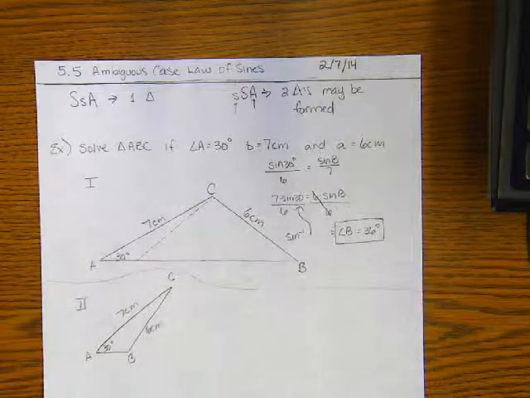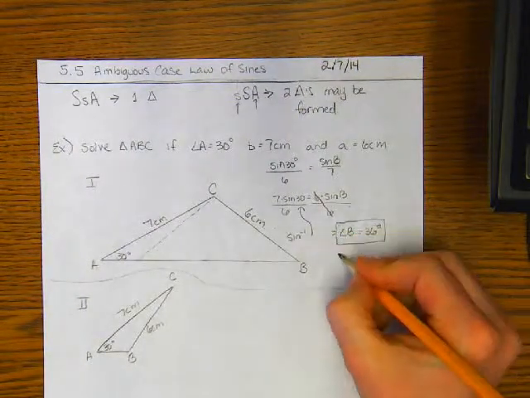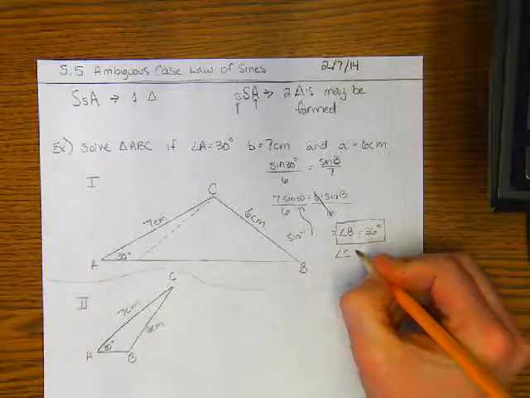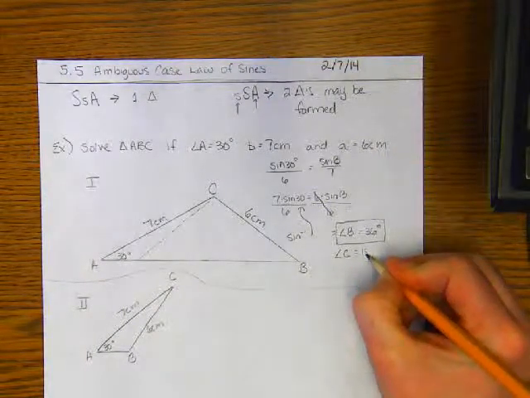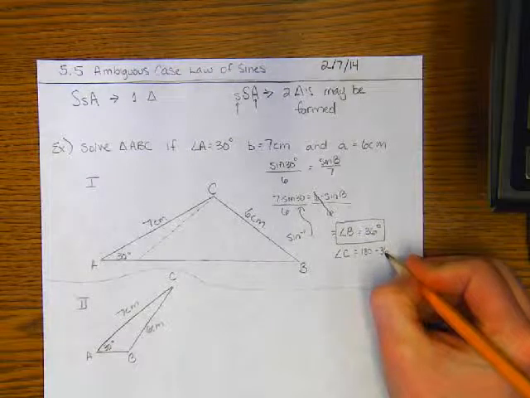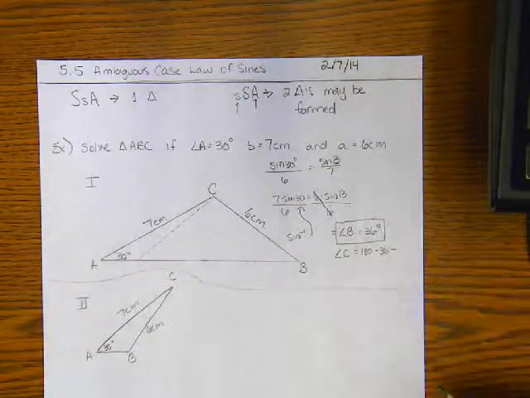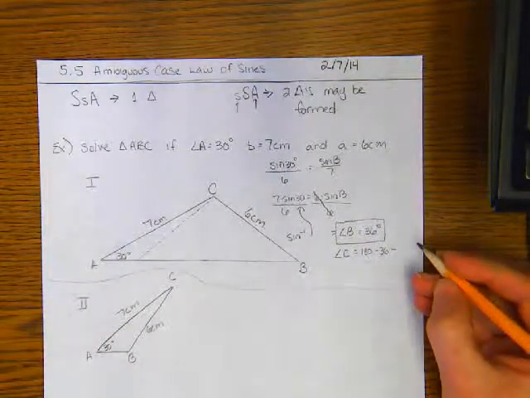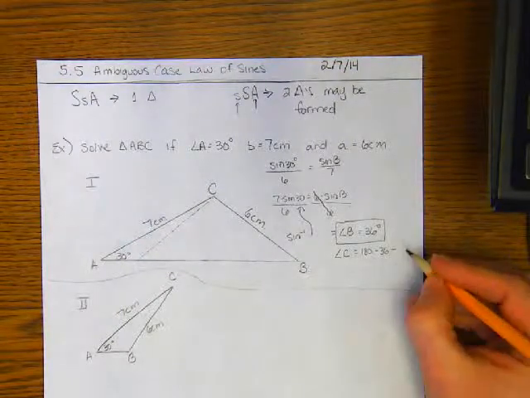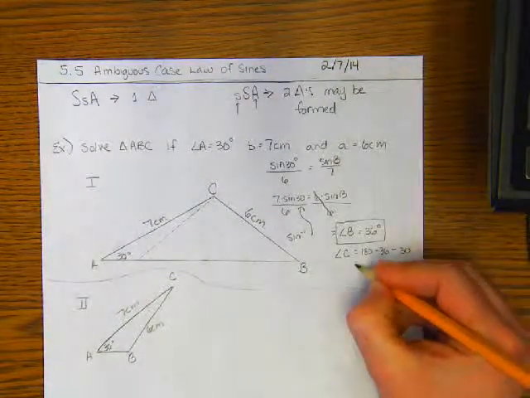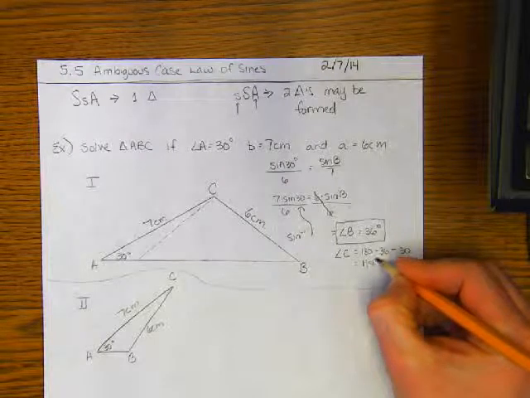That looks like it could be a 36-degree angle. I could then find angle C by taking 180 minus 36 minus 30, and that would give me 114.